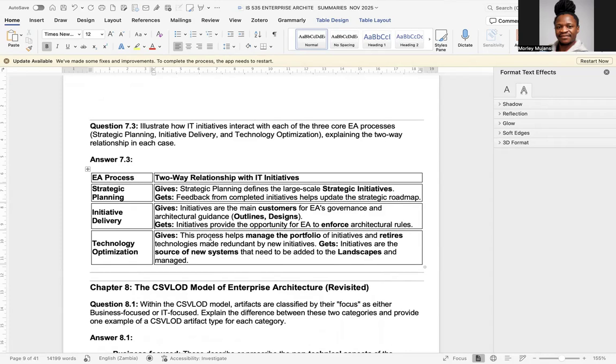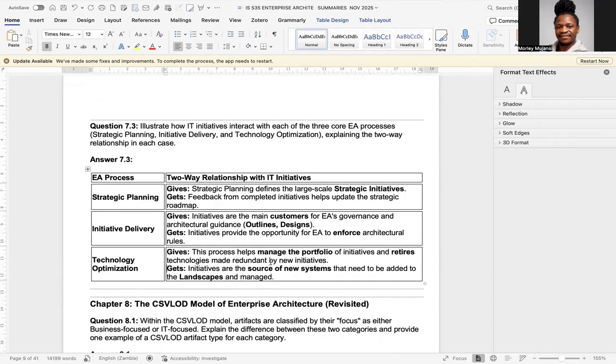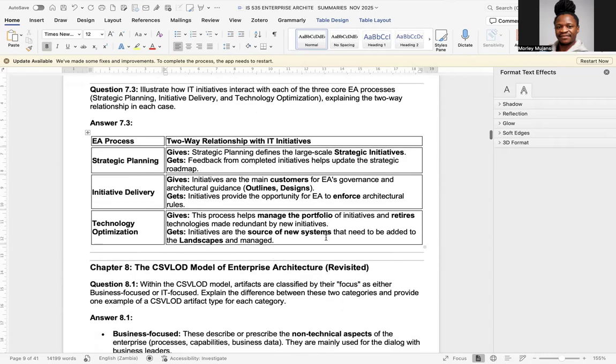For technology optimization, this process helps manage the portfolio of initiatives and retires technologies made redundant by new initiatives. Initiatives are the source of new systems that need to be added to the landscape. Okay, so one thing you need to remember is that when you are talking about initiative delivery, we're talking about outlines and designs.